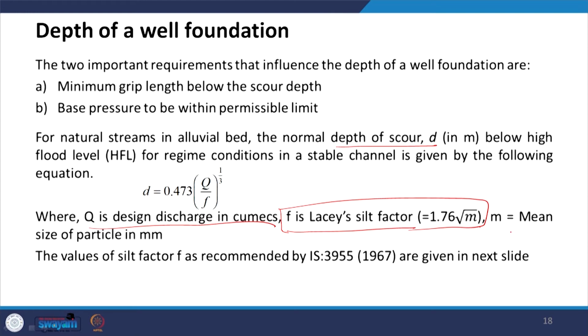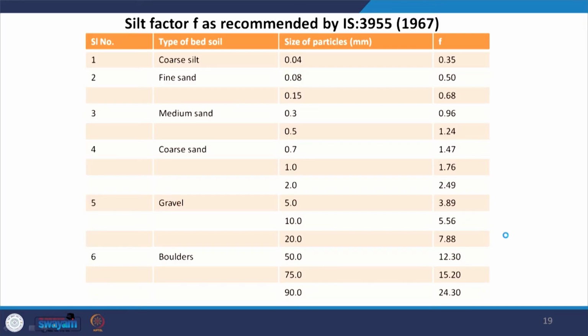So, when you put the value of m in millimeter, you can get the value of F, which is called Lacey's silt factor. The values of silt factor F as recommended by the IS code are given in the next slide. So, what are the values? If you see, these are the values recommended by the code.